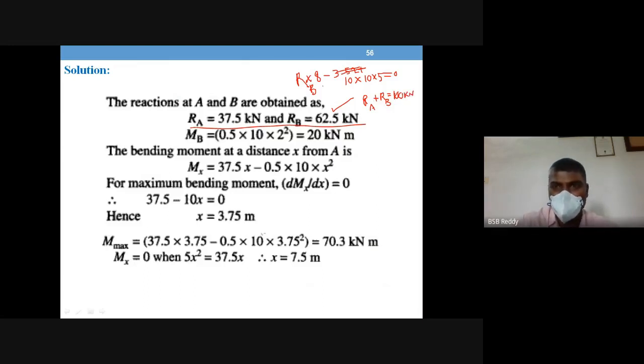Out of 100, if you substitute the RB value, the remaining value is RA. So this is how we get it.